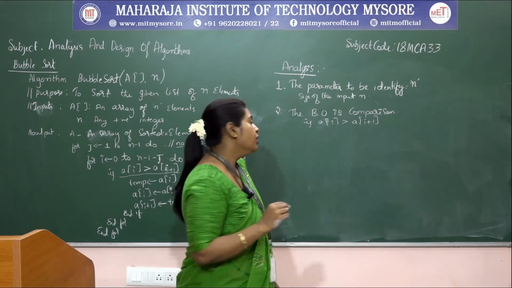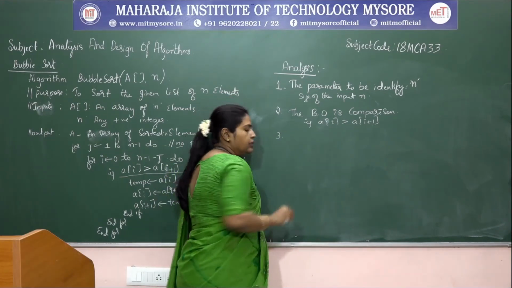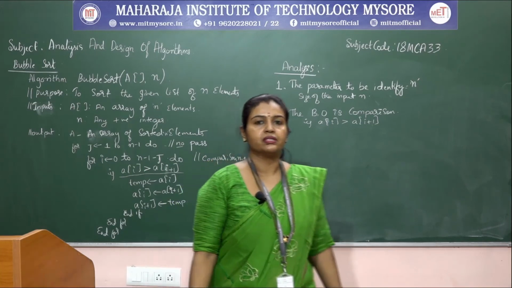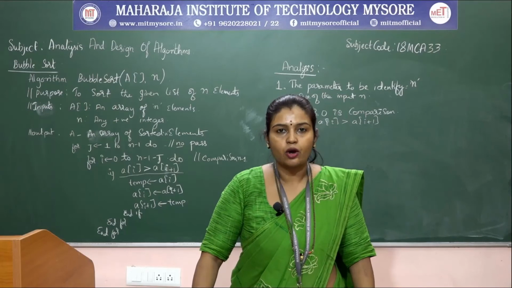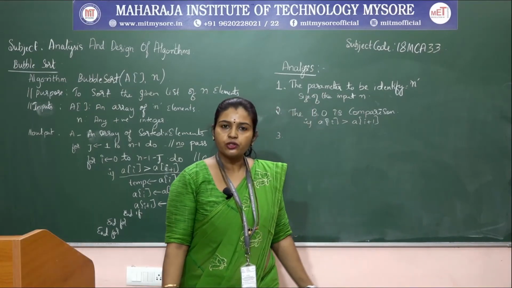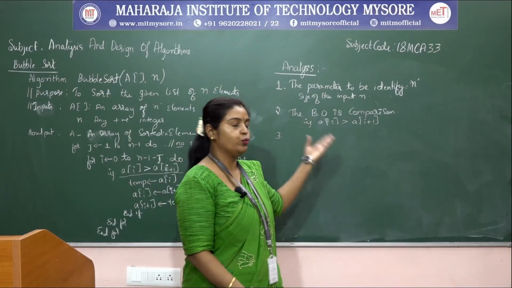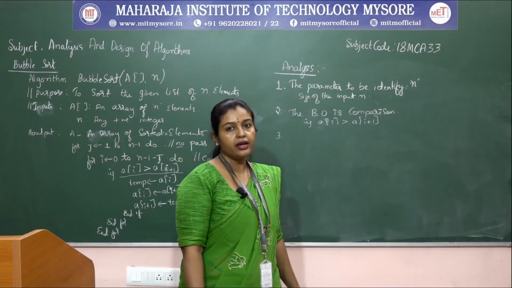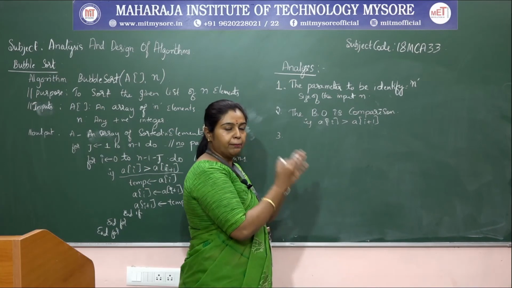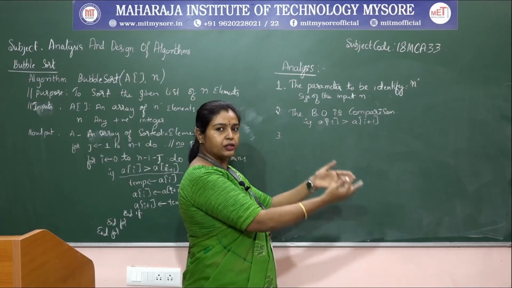Third step: the number of steps taken to execute, that is, the number of times the basic operation is executed. Is it based only on input? Obviously. We go up to the last element of the array, so comparison is made from start to end.